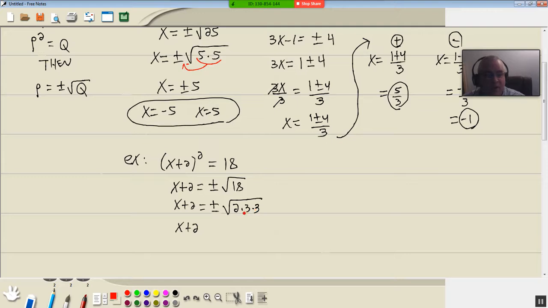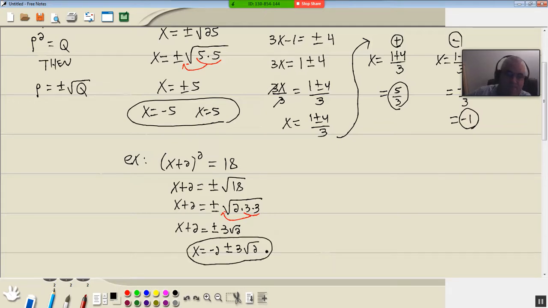We're looking for a pair of somethings. Here's a pair of 3s, so this pair of 3s is going to come out in front as a single 3. And then I'll take the 2 over. So we've got x is equal to negative 2 plus or minus 3 square root of 2. And that'd be our answer. I wanted to show one where the radical didn't disappear.